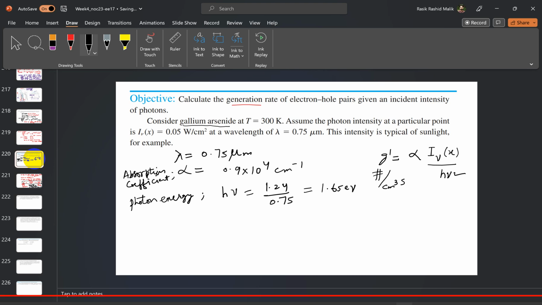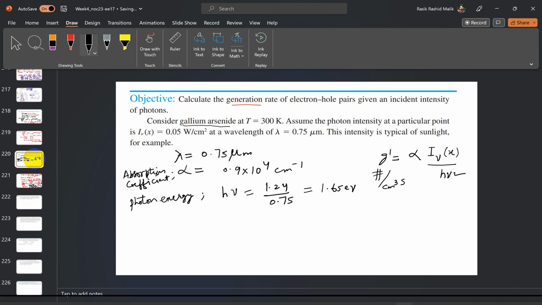And corresponding to that absorption of photons, this 0.75, you have to note that this is the typical intensity of the sunlight here. Now the generation rate we have to calculate.